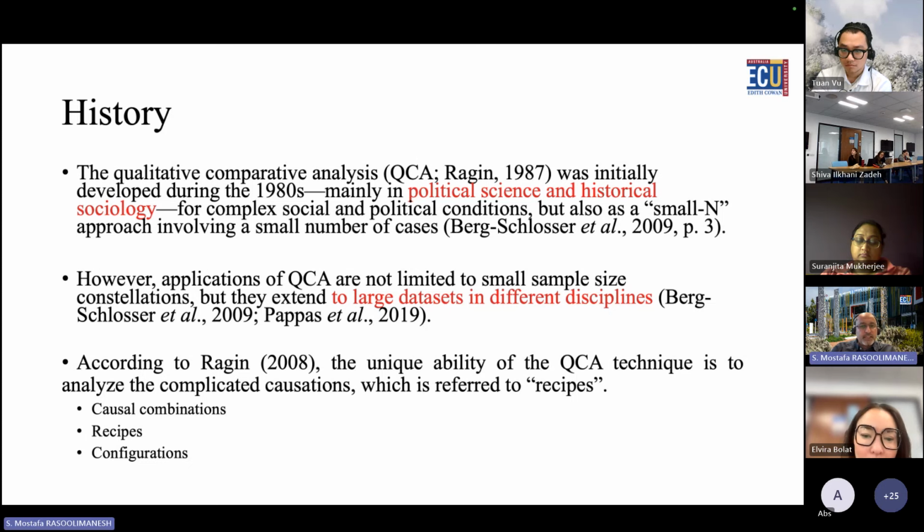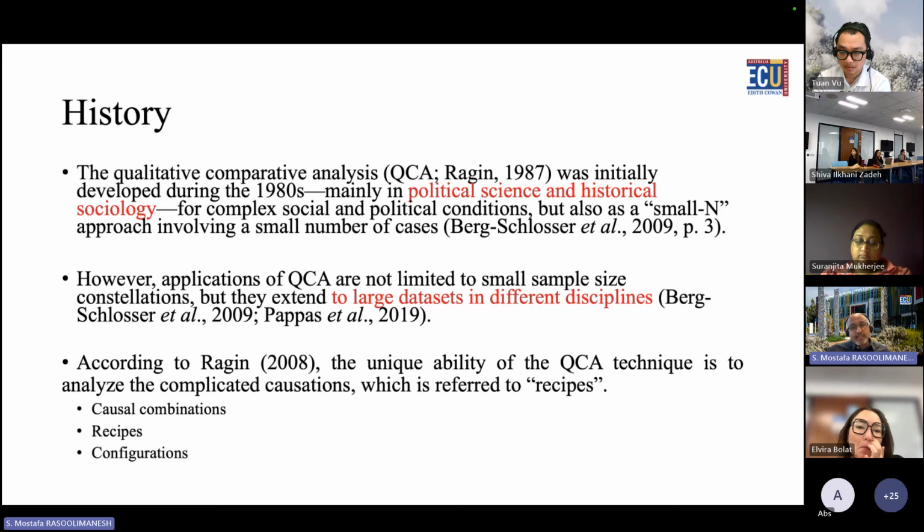But this method later has been developed and applied for larger sample sizes and data sets. And now you can see many papers that apply this method for quantitative data and large data sets and samples.